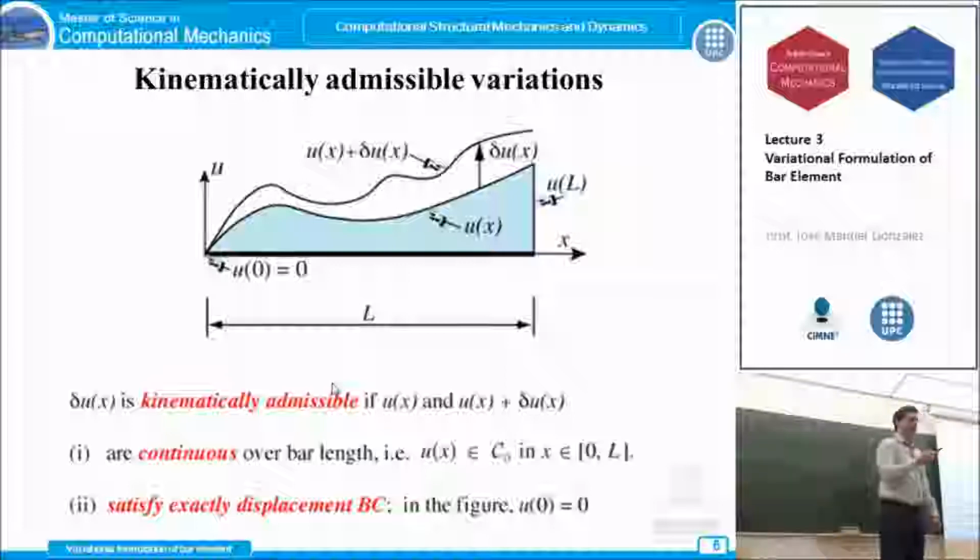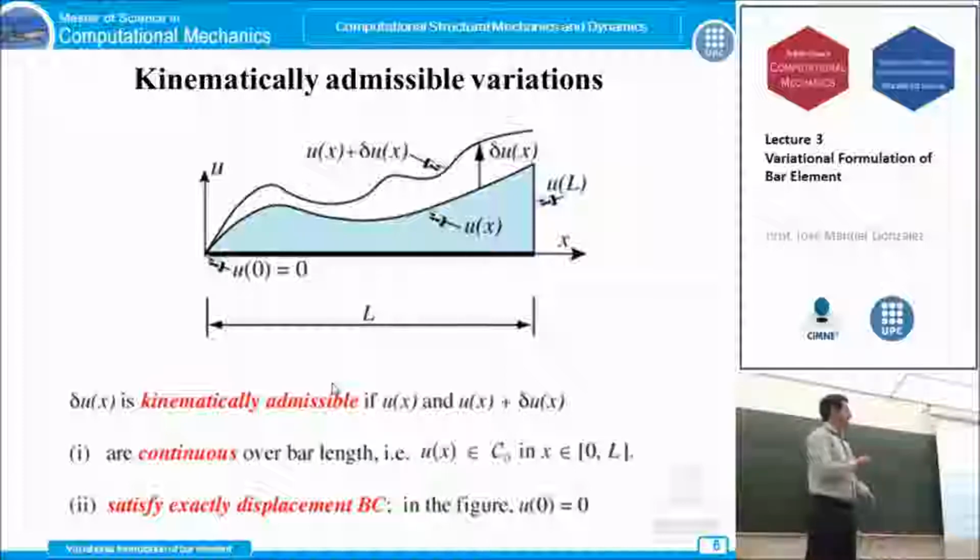First of all, it must be continuous along the bar element, and second, it must respect the boundary conditions. For example, if you have a prescribed displacement at x equal to 0, this displacement function must respect these boundary conditions, and the same along the bar element.